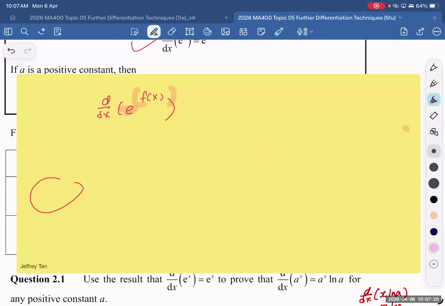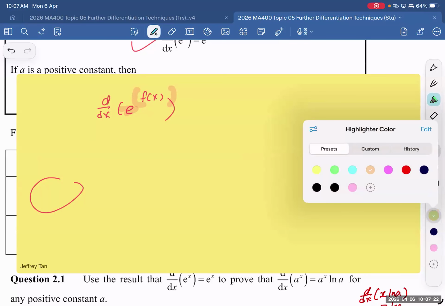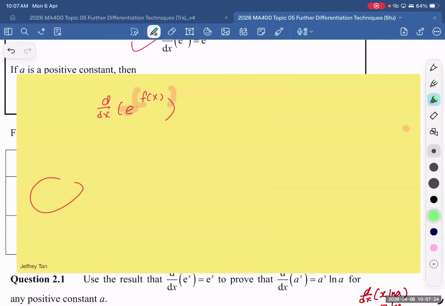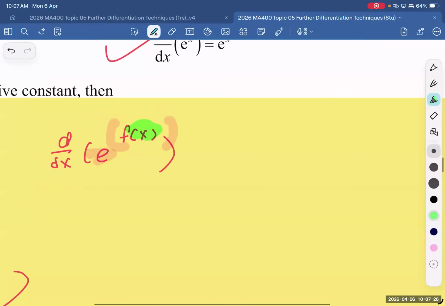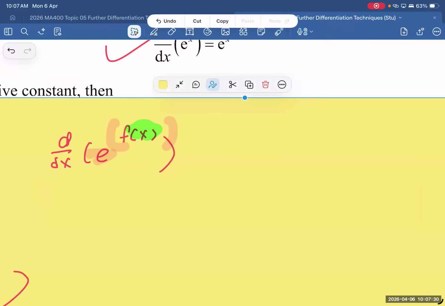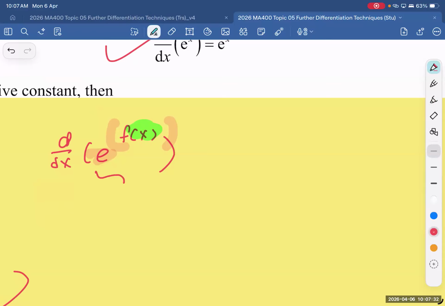E power blank is one layer, and f(x) is another layer. Differentiating layer 1, e power blank, you get e power blank.